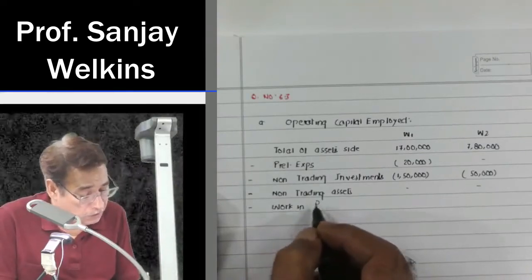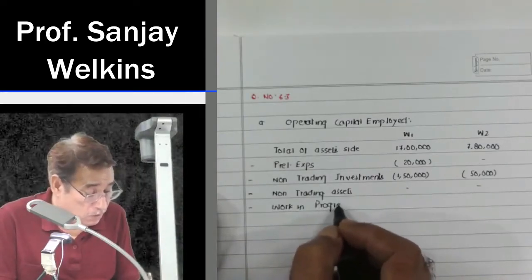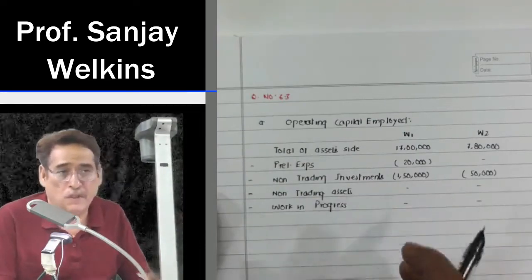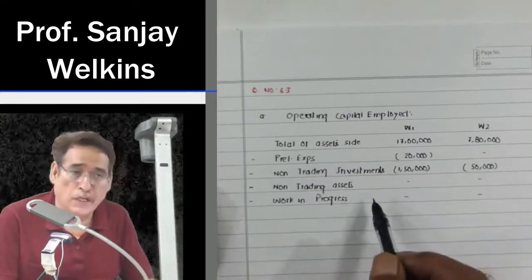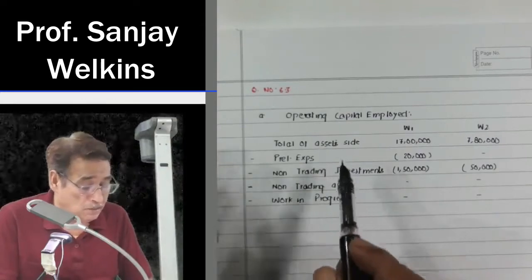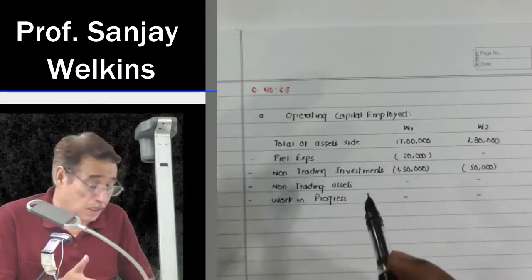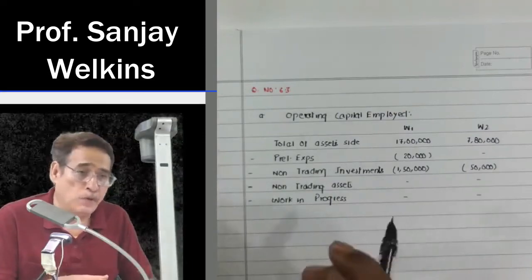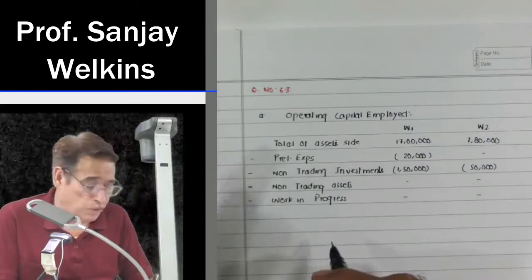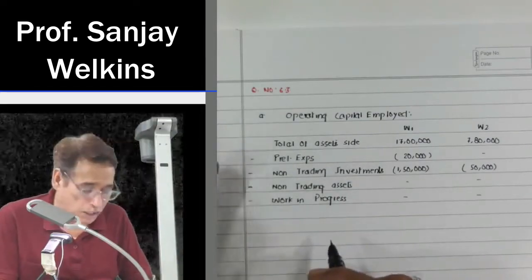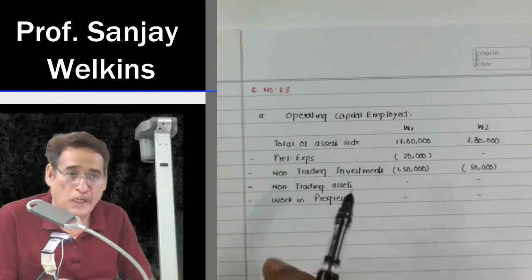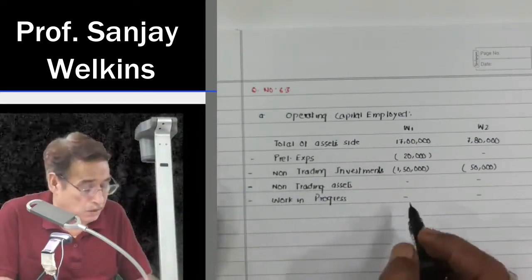Work in progress is nothing but an asset still under construction. Because these assets are still in progress, they cannot be considered as being utilized by your business. So when we compute capital employed for goodwill, we require all the assets, but we have to be careful that valueless assets will never be taken, and besides that, non-trading investment, non-trading asset, and work in progress are not considered. Correct?